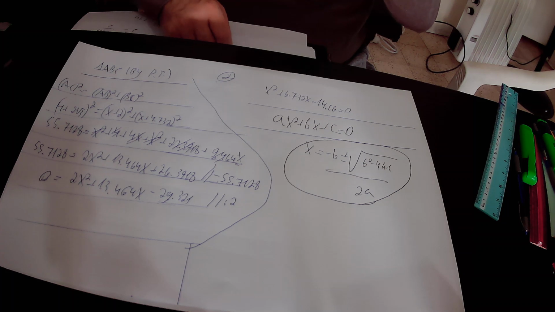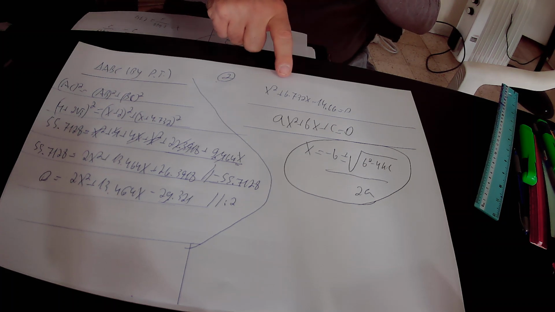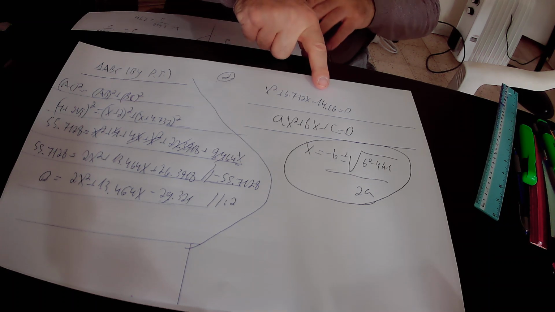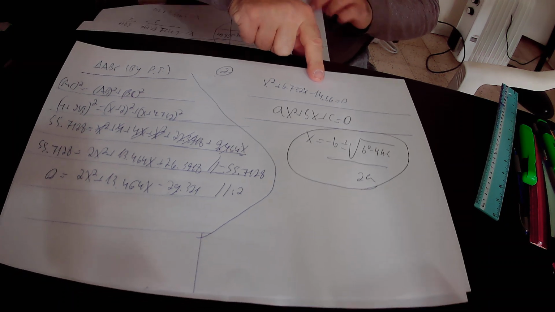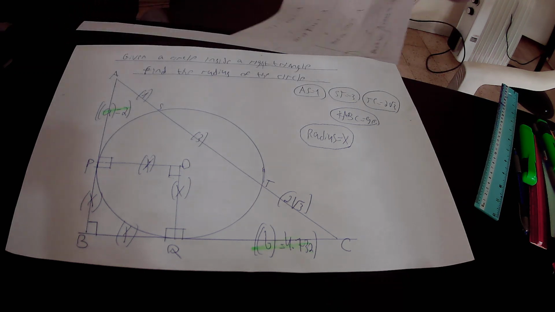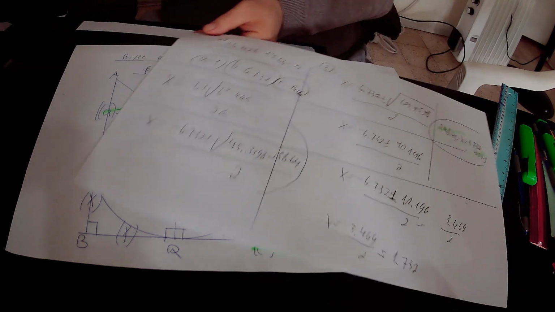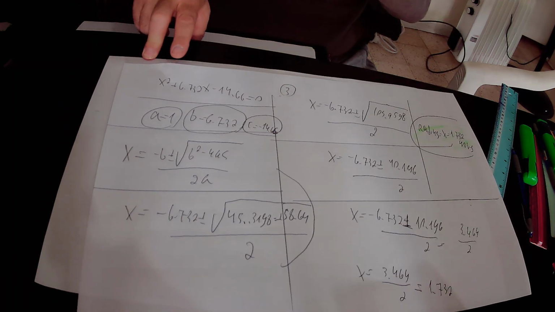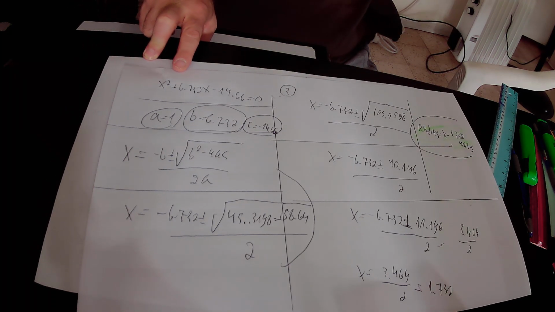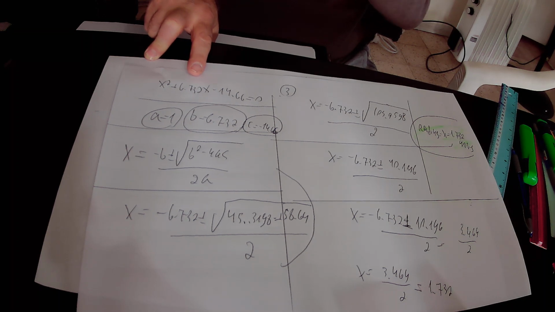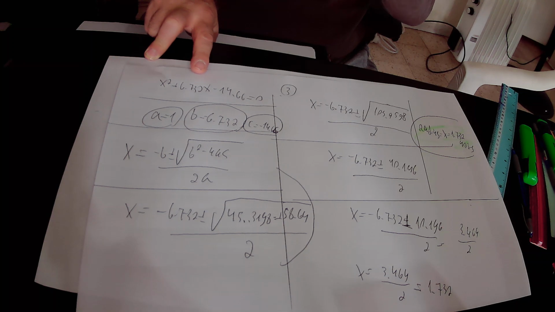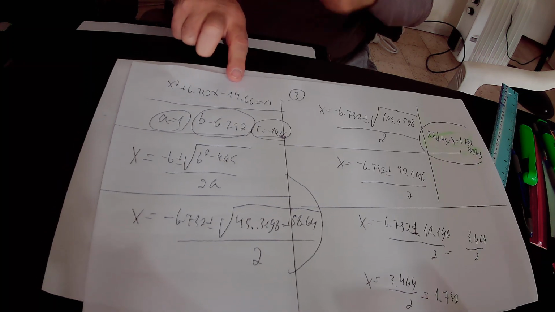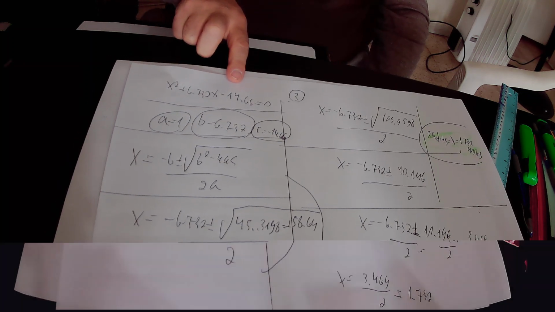In our specific quadratic equation, that is to say x squared plus 6.732x minus 14.66 equals 0, a equals 1, b equals 6.732, and finally c equals minus 14.66.